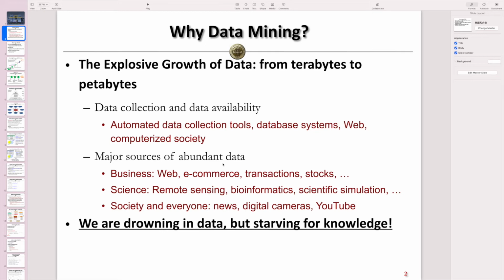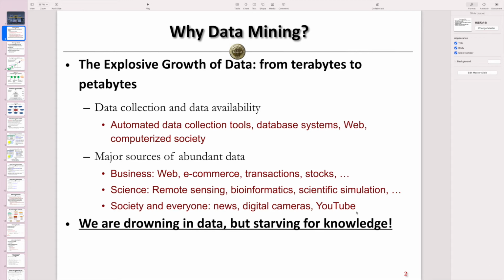For example, from business, the web, e-commerce, transactions, stock markets, etc. We can also collect data from science, via scientific discoveries, remote sensing, bioinformatics, and scientific simulations, for example. Of course, we can also get data from society and from everyone, right? We can get data from news, digital cameras, YouTube, and Facebook, right? So the data we have can be abundant.